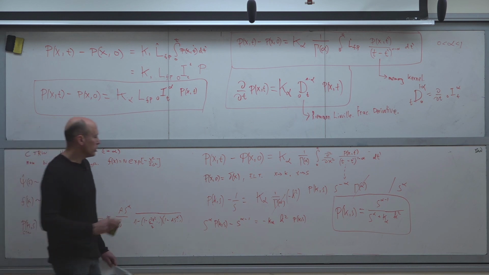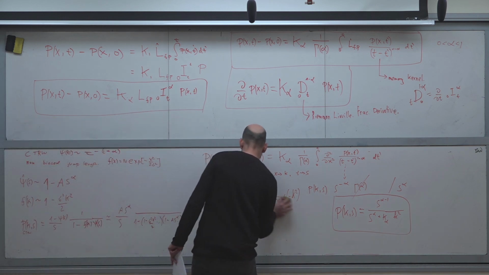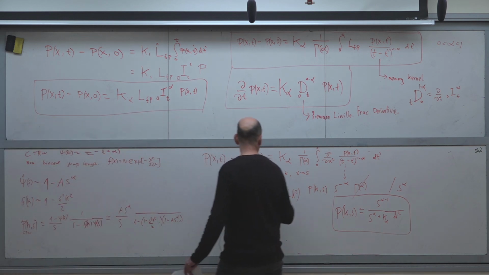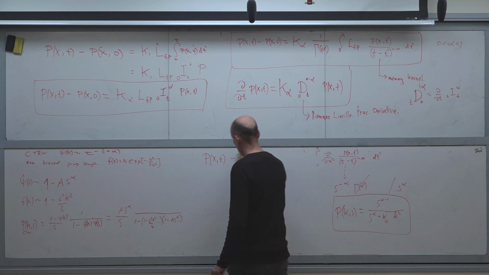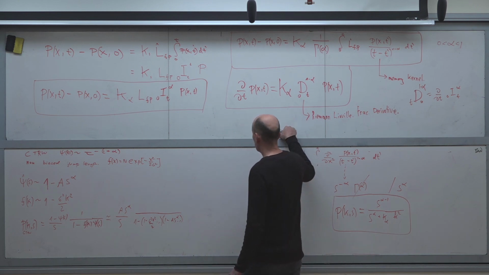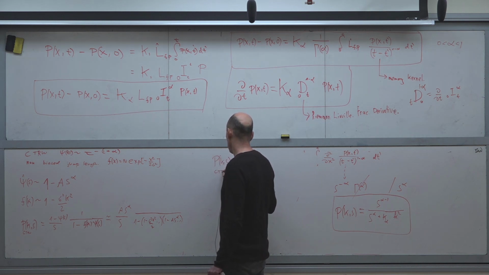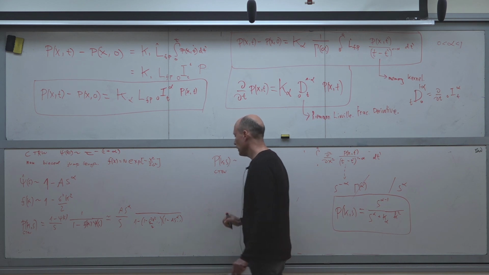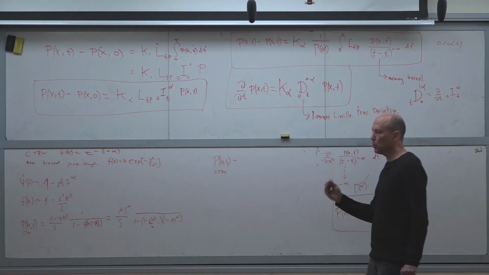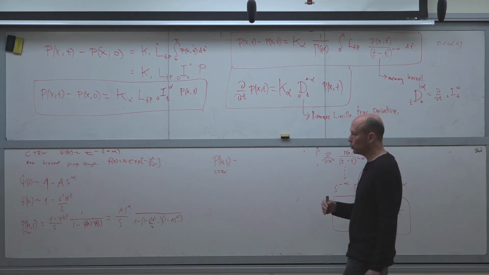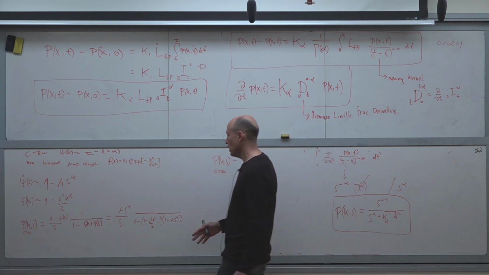And when I pick up only the leading order terms, so this CTRW propagator, here it's only asymptotic, and the small k, small s, corresponding to large x and large time limit.